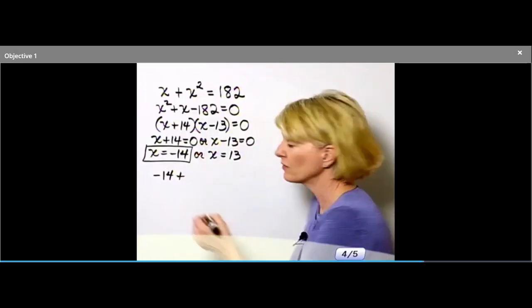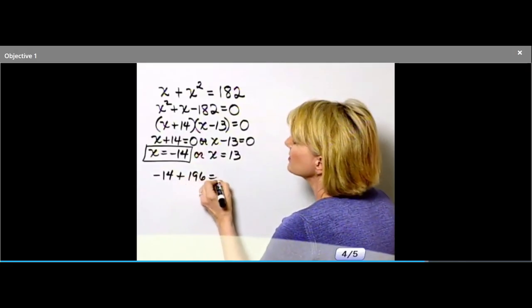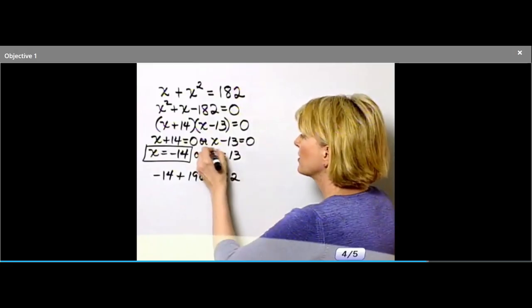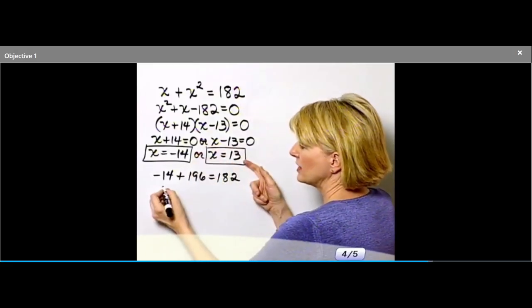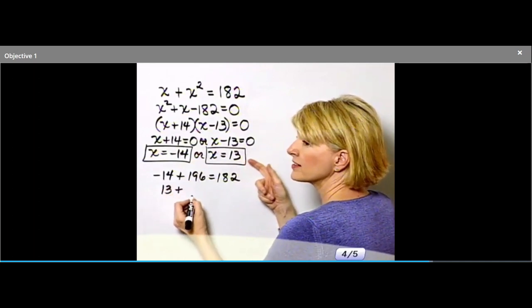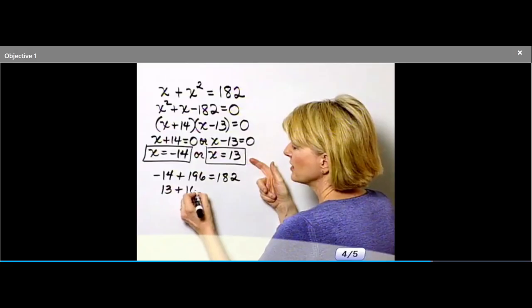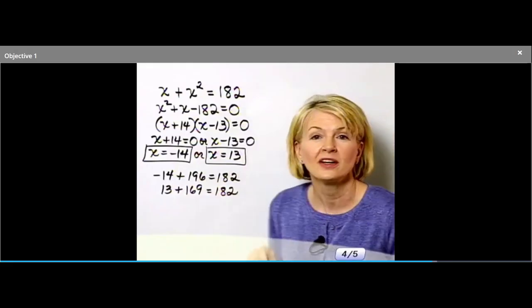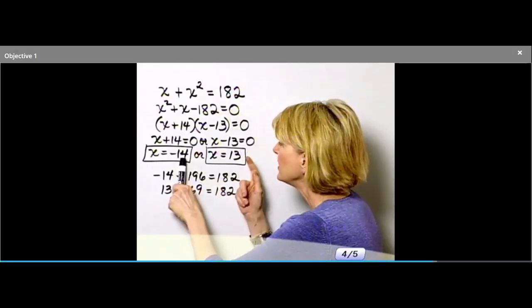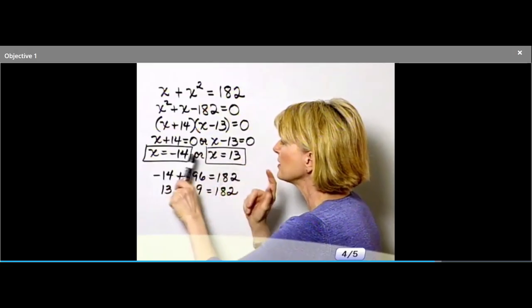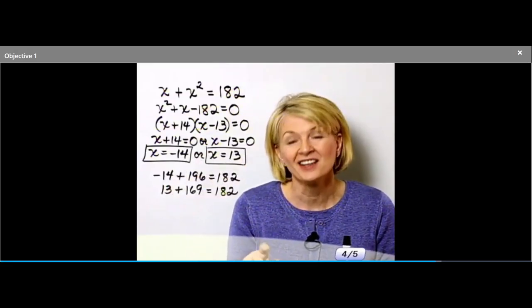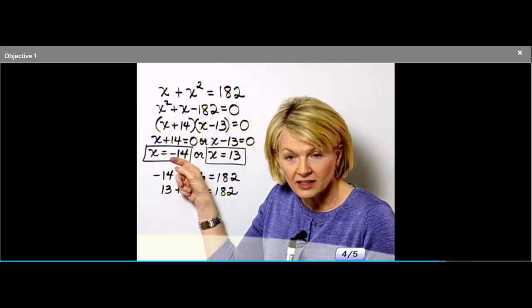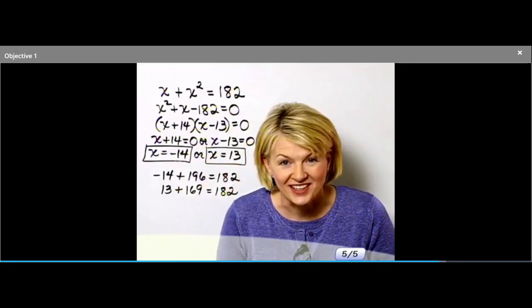It's negative 14 times negative 14, or 196. That is 182. How do we check this possible number? Is the sum of this number plus its square, 13 times 13, is 169, and that is 182. So make sure you understand these are two possibilities of numbers we are talking about. So there are two solutions. One solution is negative 14. The other solution is 13.